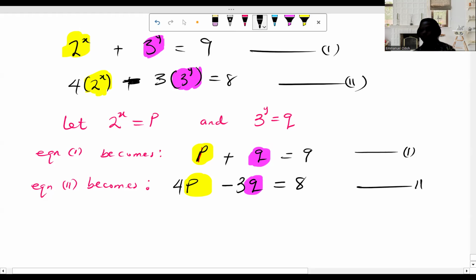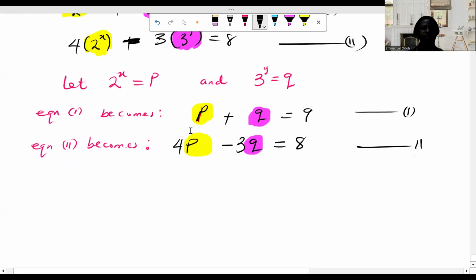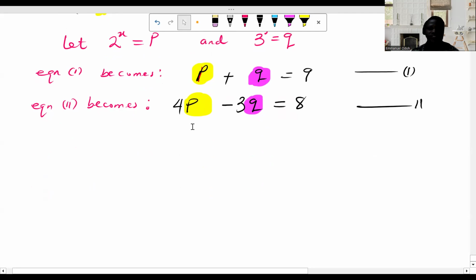So you see we form simultaneous equations that we can easily solve. So you determine which method you want to use, is it elimination method or substitution method? Let's use the elimination method. Let's eliminate q. How do we eliminate q?